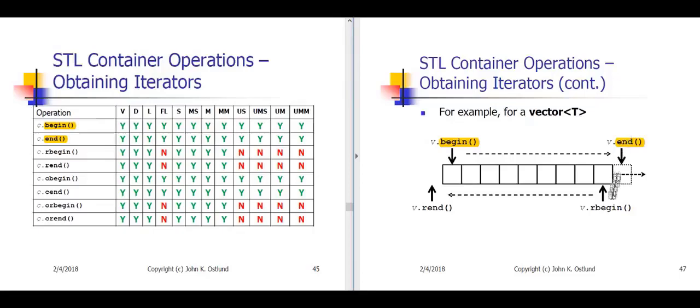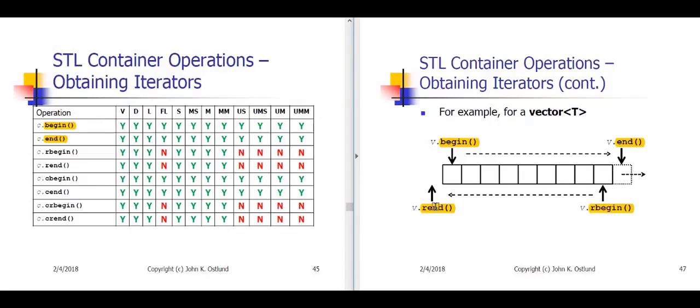A reverse iterator, on the other hand, when you use rbegin, gives you an iterator for the final element in the container, and perhaps weirdly, as you increment a reverse iterator, that is plus-plussing a reverse iterator, moves backward until eventually you arrive at rend, the reverse end, which is just prior to the initial element of the container.